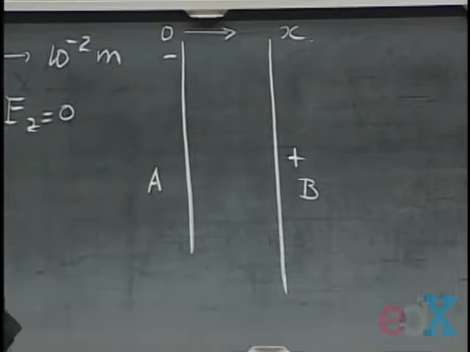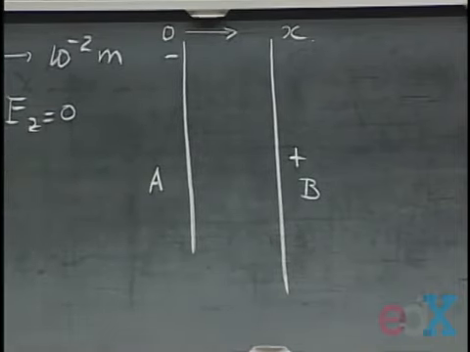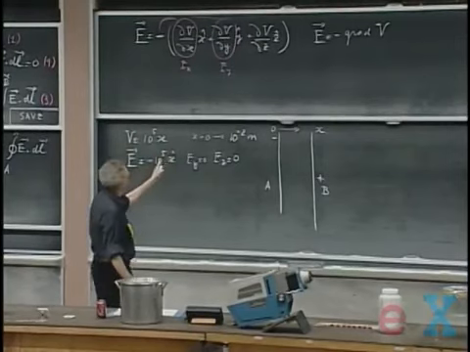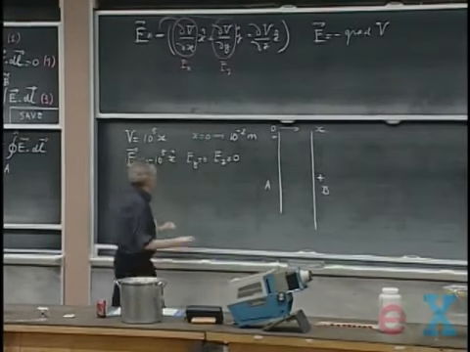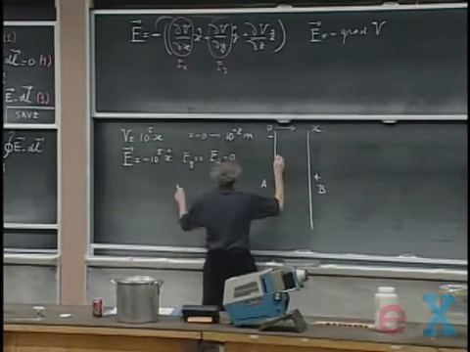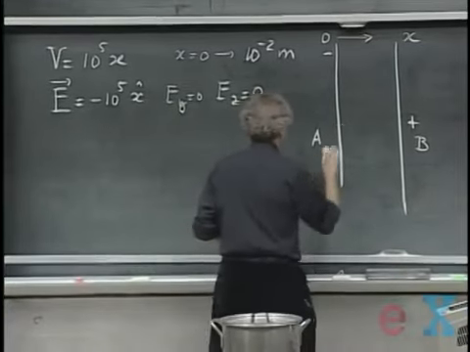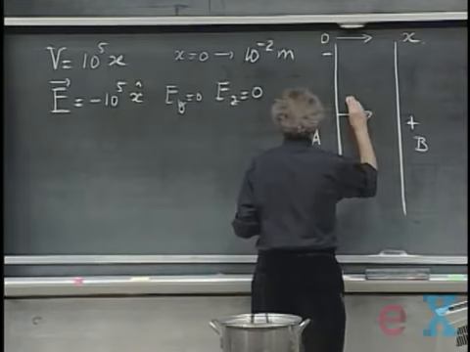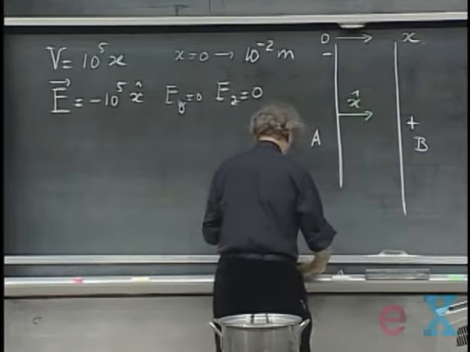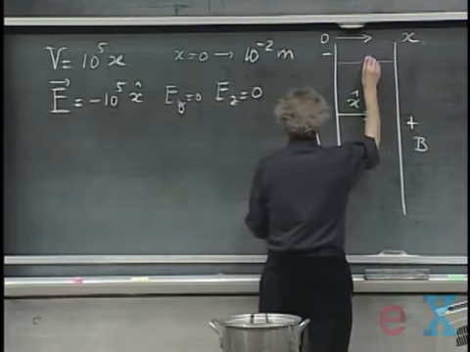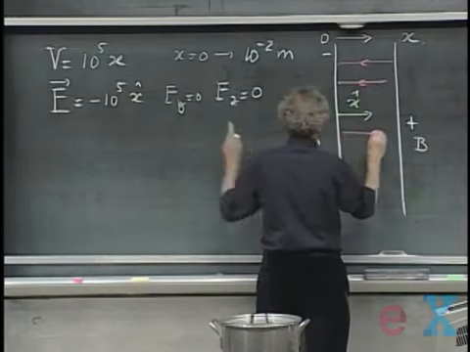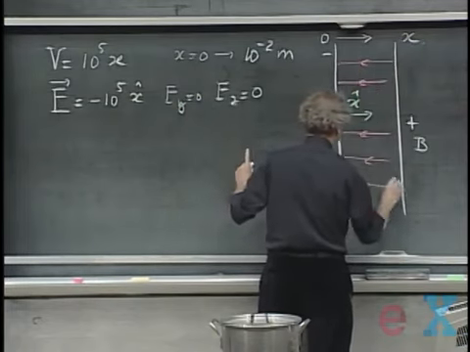So I can put the electric field inside here, according to the recipe, minus 10 to the fifth, and it is in the direction of minus x roof. So x roof is in this direction. The electric field is in the opposite direction, and it's the same everywhere, and that is very physical.